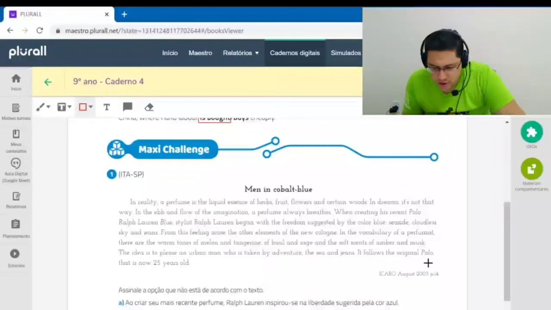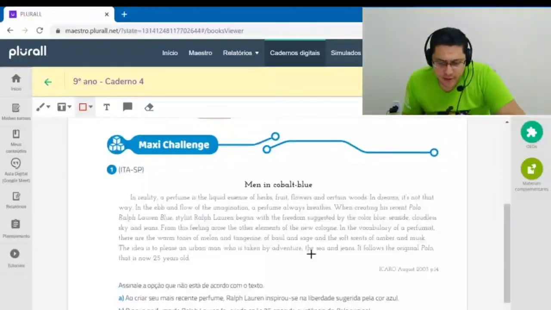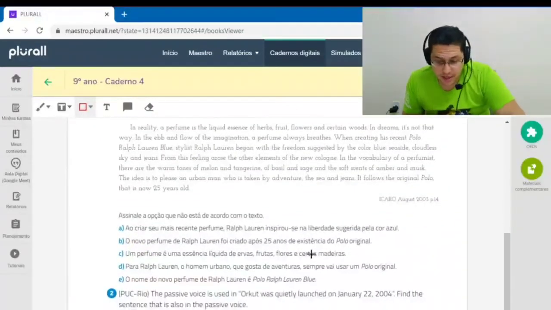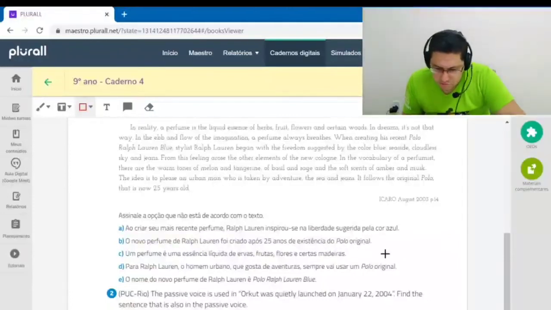It follows the original Polo that is now 25 years old. Assinale a opção que não está de acordo com o texto, que não está. Ao criar seu mais recente perfume, Ralph Lauren inspirou-se na liberdade sugerida pela cor azul, certo? O novo perfume de Ralph Lauren foi criado após 25 anos de existência do Polo original.